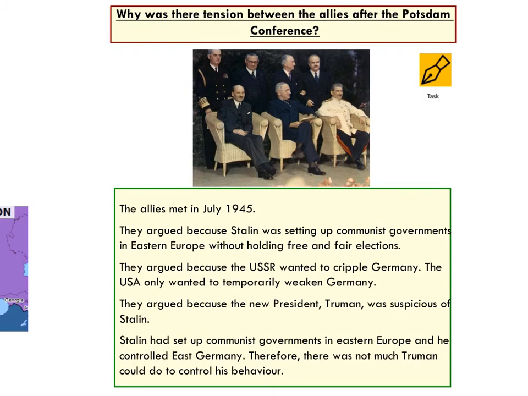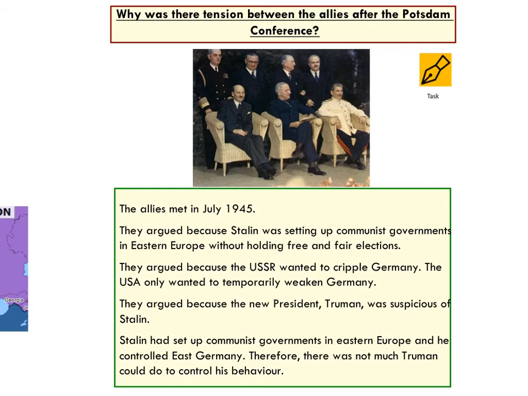However, it seemed that Stalin, to protect his sphere of influence, as he liked to call it, to protect that region that bordered the Soviet Union, was setting up communist governments in Eastern Europe without holding free and fair elections. And there were growing concerns that Stalin would basically force these countries to become communist. This was making Truman particularly angry because he wanted to make sure that Europe remained a predominantly capitalist continent rather than a predominantly communist one.